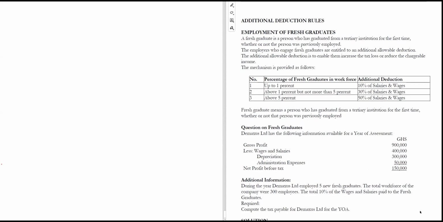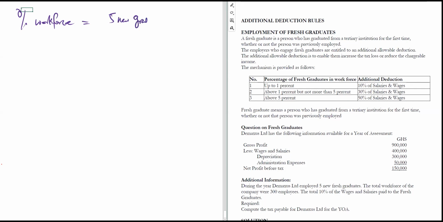So let's see the percentage of the workforce. What percentage of the workforce was fresh graduates? We took five new graduates over how many employees did we have? 300 employees.